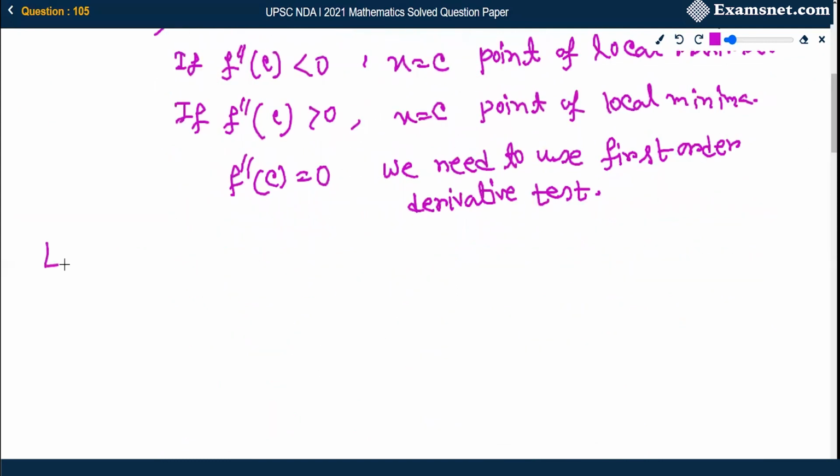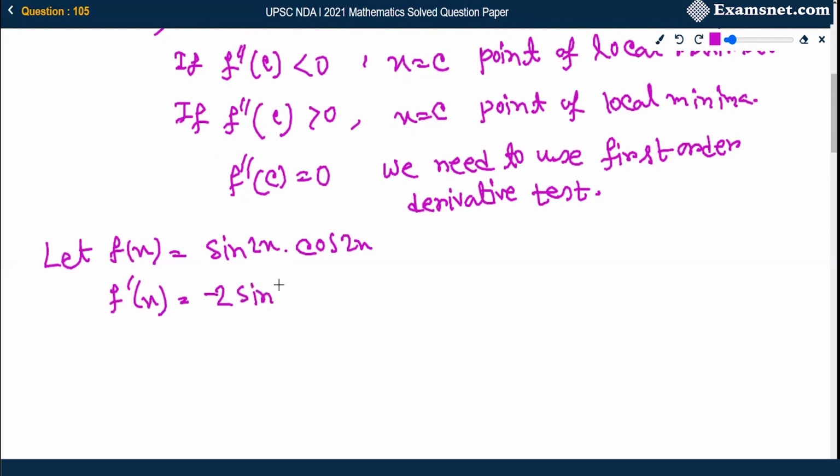Let f of x equals sine 2x cos 2x. Then f dash x, in the u multiplied by v form: first keeping sine 2x as constant, differentiating cos 2x gives minus 2 sine 2x, and with the existing sine 2x it becomes minus 2 sine squared 2x.